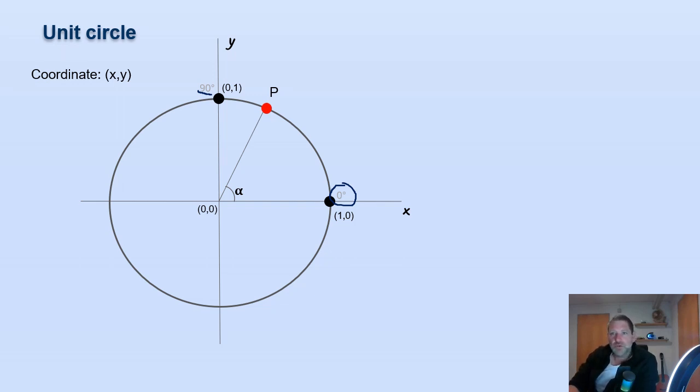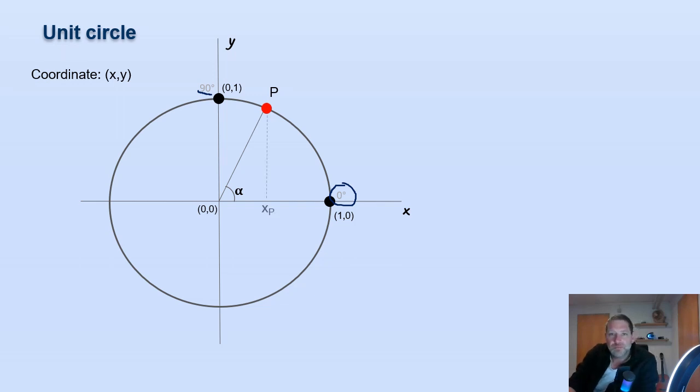All right, so we want to know what are the actual coordinates of this point P. Okay, so then we need to know how far do we need to walk in the x direction and how far do we need to walk in the y direction in order to end up there.